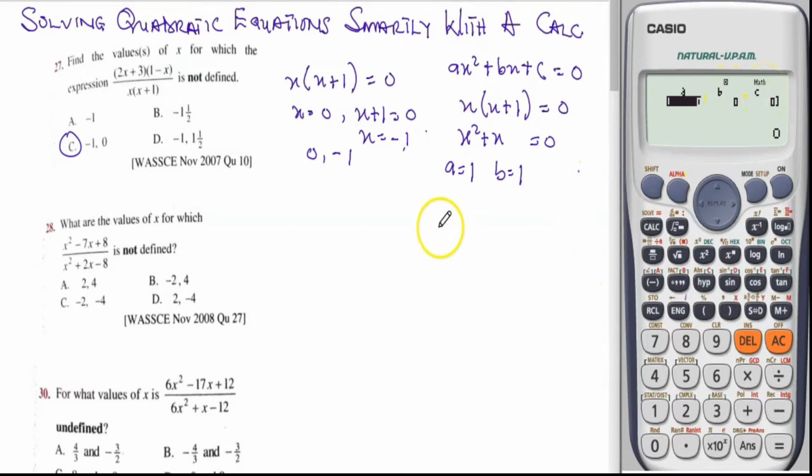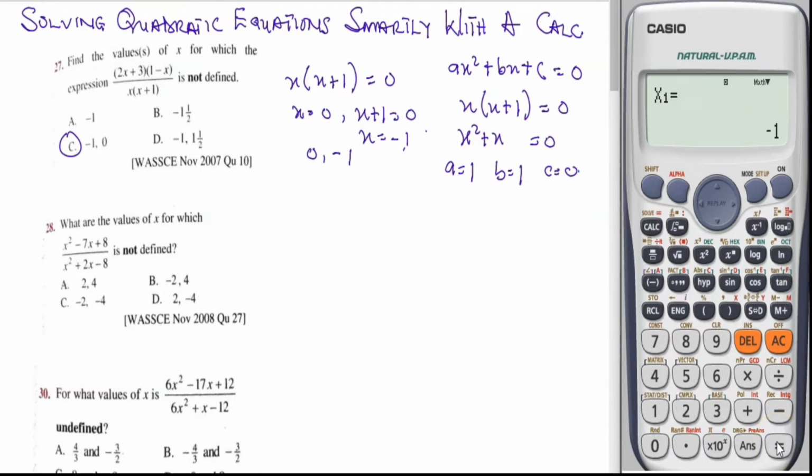Hence, our value for a is going to be 1. Then you press the enter button or the equal to sign to shift the cursor to the b. That is also 1. Now you realize that our c in the question, c is actually equal to 0. So we have our c value as key in 0 and then equal to. Then you press the enter button again or the equal to sign.